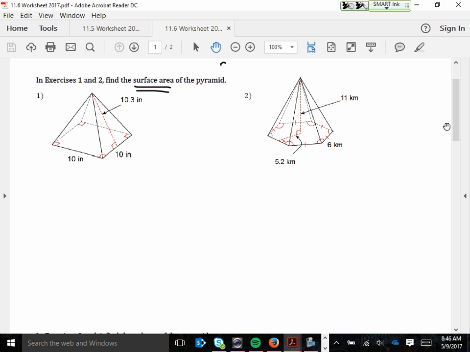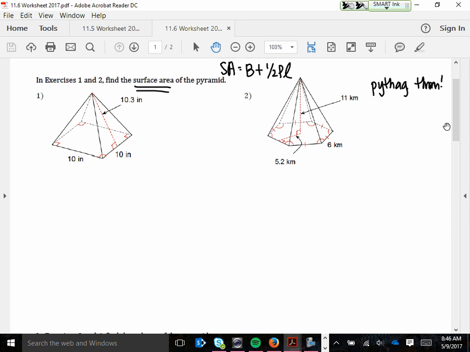So you will only be using the formula capital B plus 1/2 P times L. Okay, this one will not require Pythagorean theorem. Number 2 will, because on this one, you don't know the slant height, so you're going to have to use Pythagorean theorem to find the slant height. Maybe we can do that one together.